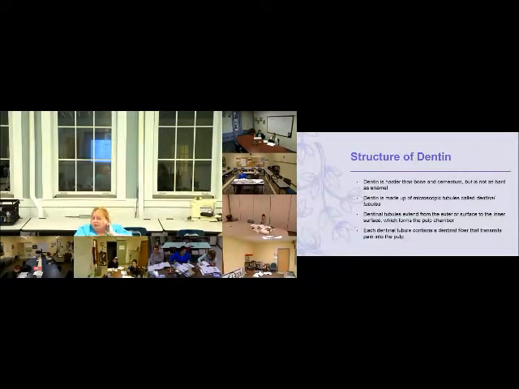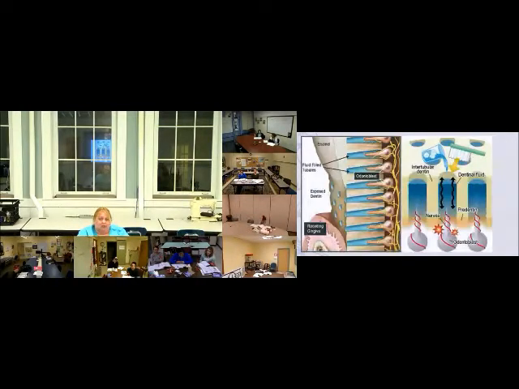Dentin is made up of little tubes, microscopic tubules, called dentinal tubules. And inside these dentinal tubules is a nerve fiber. And I have a lovely visual of this. So if you look at the left side of the picture, we can see the enamel and then the exposed dentin of a tooth.